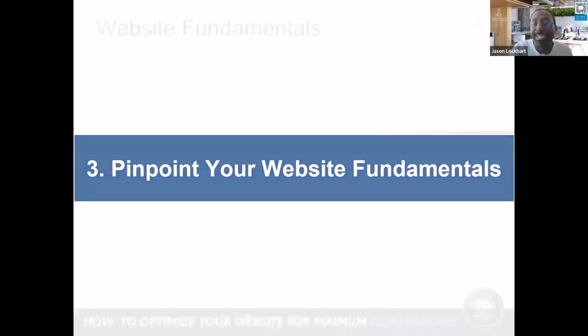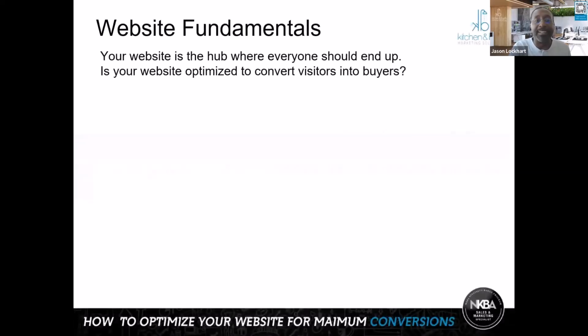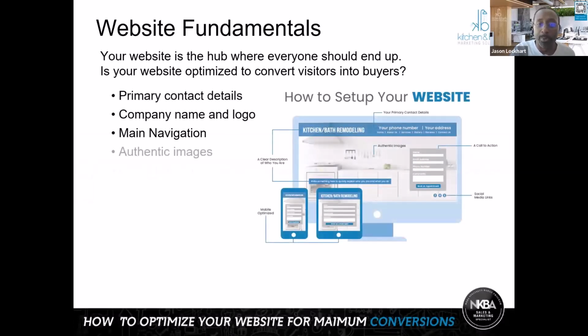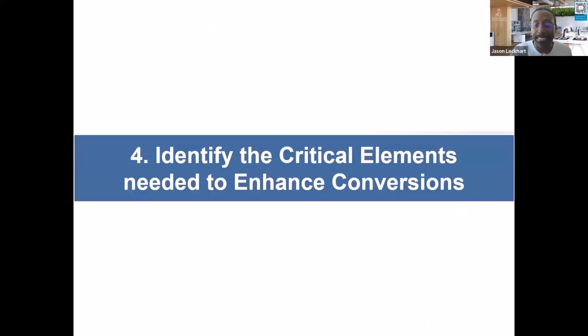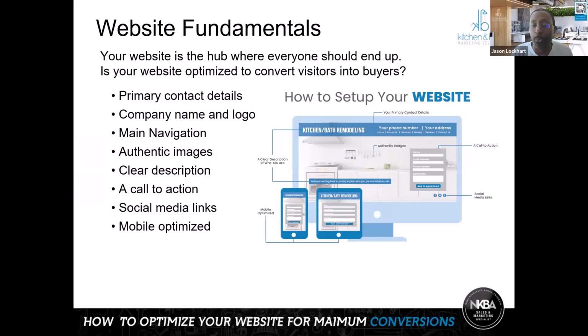All right. So now with the fundamentals, a lot of this is what I have talked about in the past, and you may have seen this graphic before, which hasn't changed. You want to make sure that when anybody comes to your website, they're in the above the fold area.